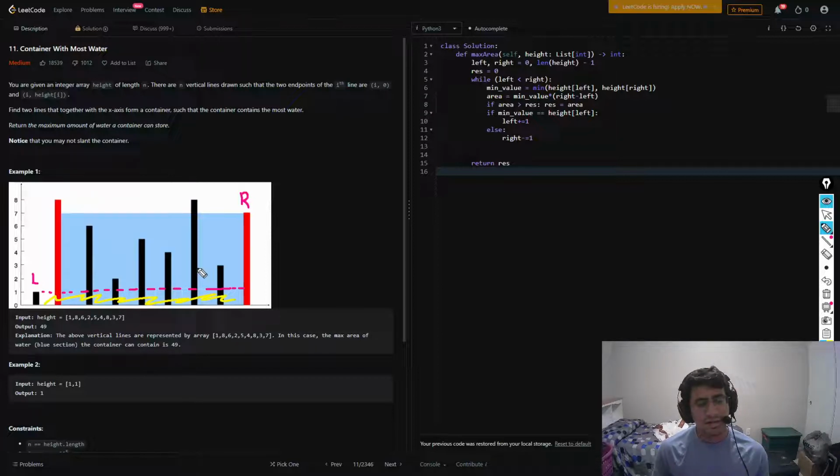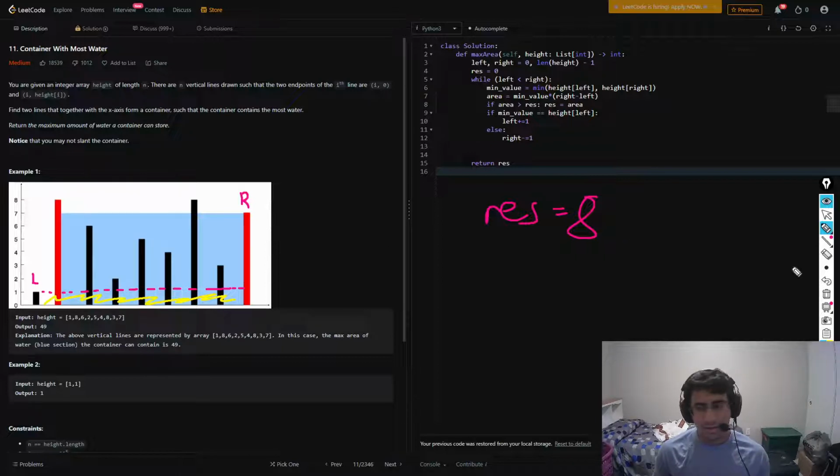We're just finding that area, right? That's the general idea, first of all. And if the area is greater than the res, the current res, or result, is 0. That's what we initialized it to. But now, with this area, it's 8. So 1 times 8.